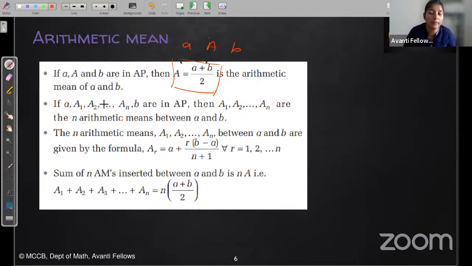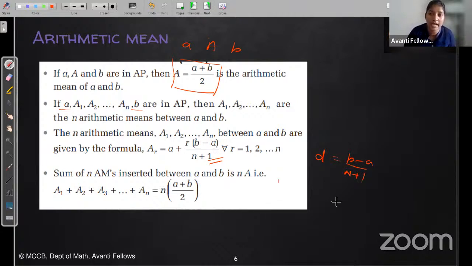What if you have n arithmetic means inserted between A and B? This we discussed in our first slide itself, right? If n arithmetic means are inserted between A and B, then its rth term can be given by A + r(B - A)/(n + 1). Here d value is nothing but (B - A)/(n + 1).